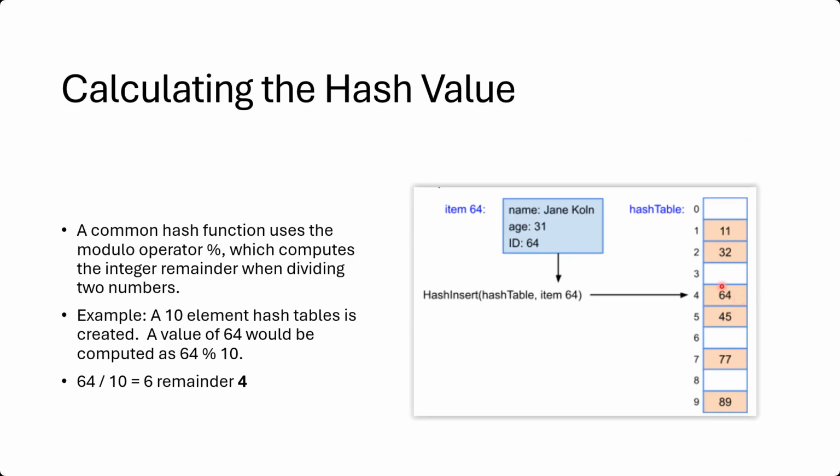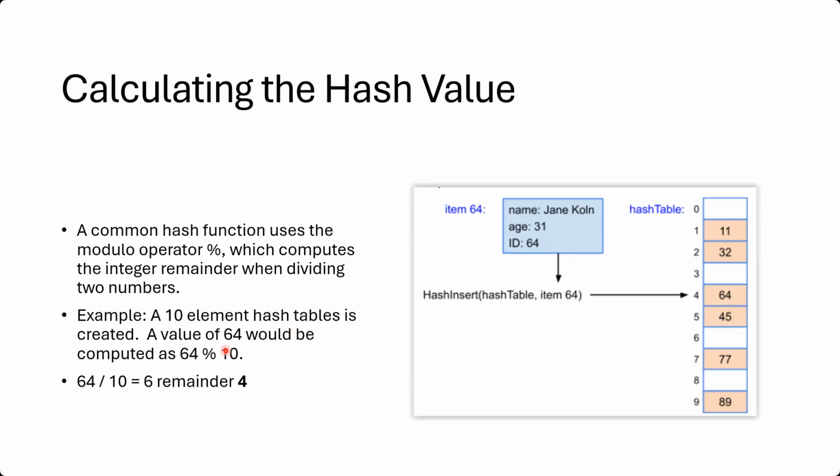We got a couple extra minutes, so I'm going to point out why we care about collisions or probing. This goes back to when we're talking about big O efficiency, calculating our big O runtime complexity for our algorithms. When we are hashing this value, as we do 64 modulo 10, that is an O of 1 operation.